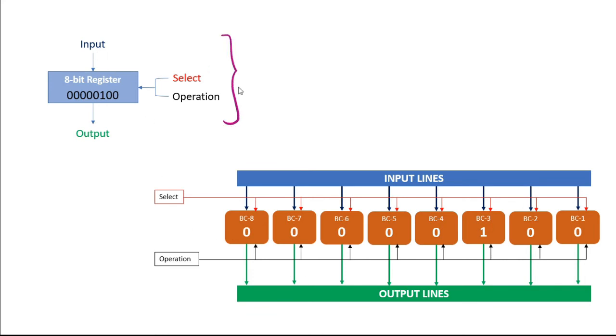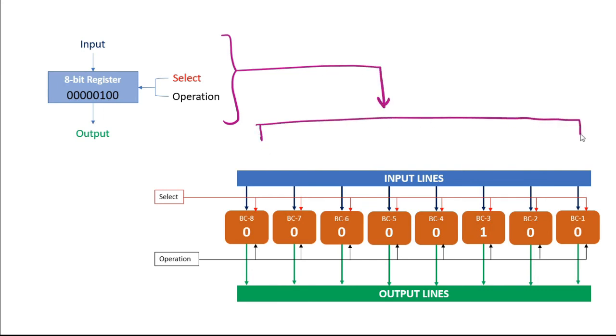We also discussed this part, where we saw the logical version of a register, and how the hardware of the register actually looks. It looks something like this. There are 8 input lines and 8 output lines, and each binary cell will store 1 bit according to the placement.